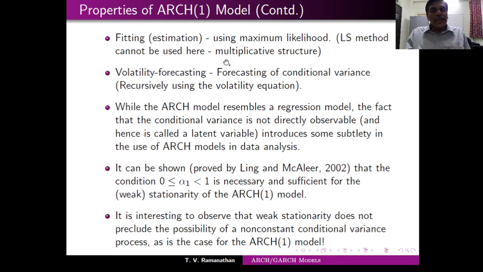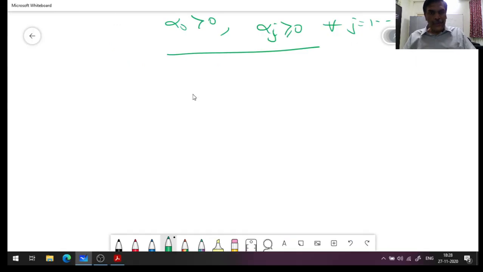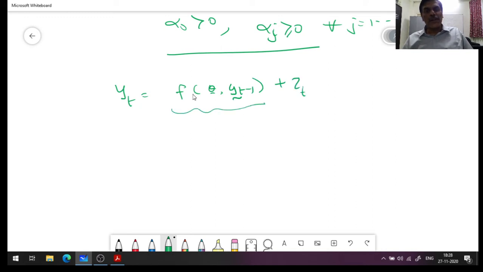Now, volatility forecasting: forecasting the conditional variance recursively using the volatility equation. As I told you, in the usual model, for example a time series model, we have what we have learned so far: some parameters, the past values, and some zt, which is the white noise. We identify the model, of course with a linear structure, and then using this linear structure we would like to forecast, having observed the values y1, y2, up to yt.